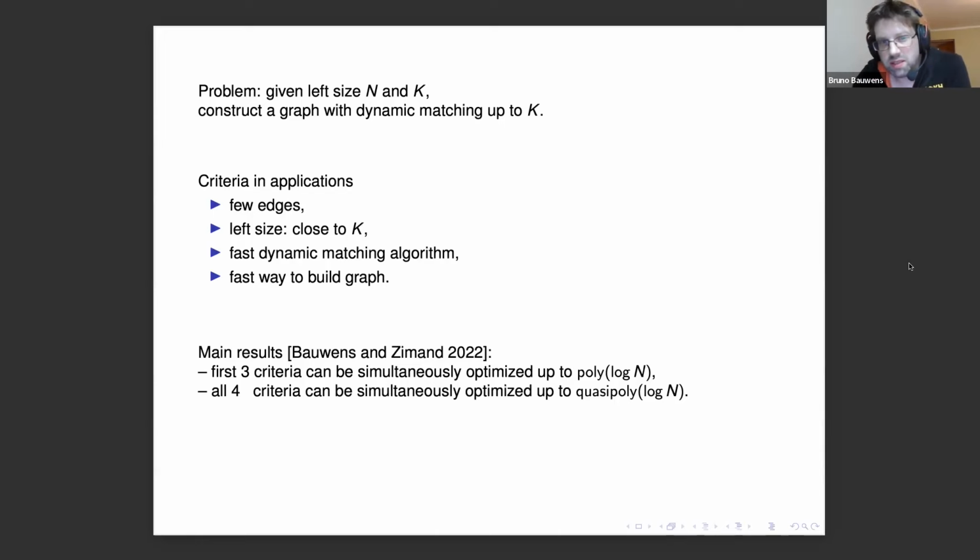Now with an explicit graph, we have all four criteria simultaneously optimal, but up to quasi-polylog n. The fourth one is the building: given a right node and an index of the neighbor, we can compute the left neighbor in time polylog n, slightly bigger than what is given here.